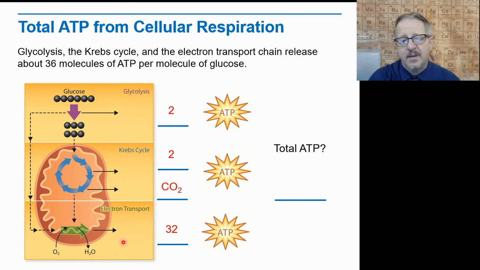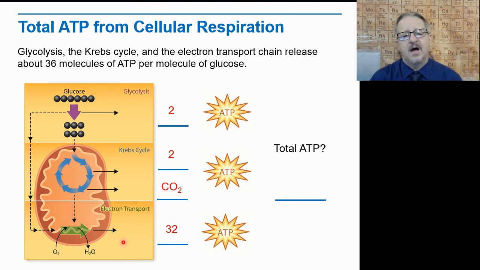Now, if we count those up, we come up with a number that sounds like 36, because 32 plus 2 is 34, plus 2 more is 36. So you might say cellular respiration produces 36 ATP from each pyruvic acid that goes through the system.